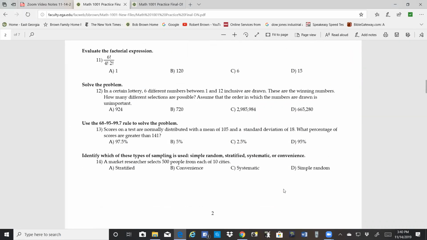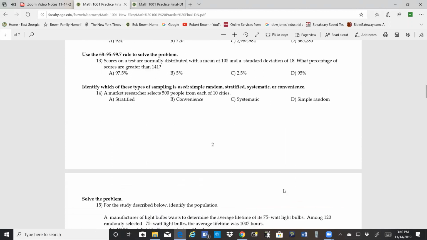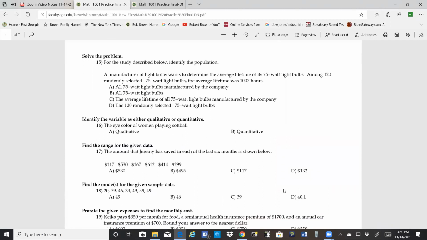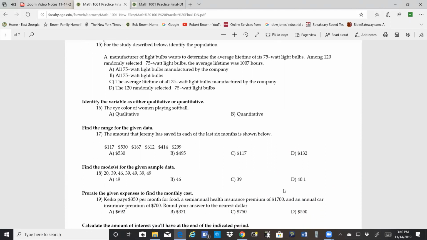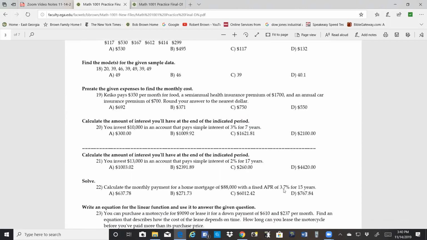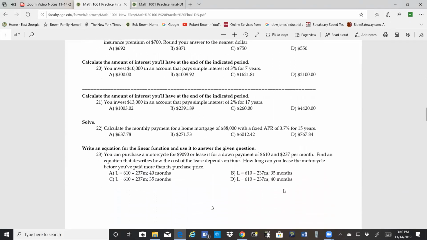We've got expected values, sampling methods, which you should know about, identifying the proposition or identifying the population in a study. Find the range of data. Find the modes. Be able to calculate average monthly costs for a budget. Interest problems. Monthly payment problems.